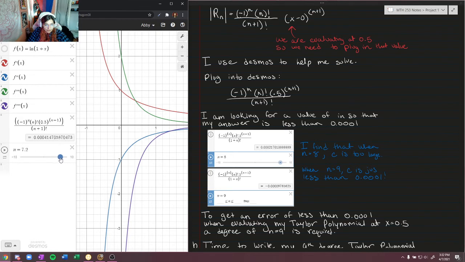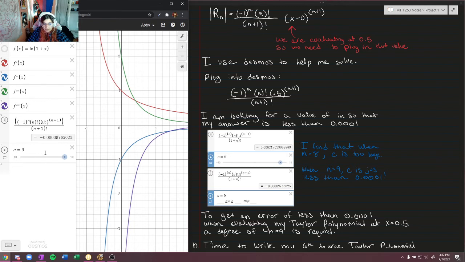Let's check. We're at 7. It's still too big. Let's keep going. We're at 8. Still too big. Let's go to n equals 9. And that's perfect. It's right below the 0.0001 that we're looking for. 8 was too big, and 9 is just under.